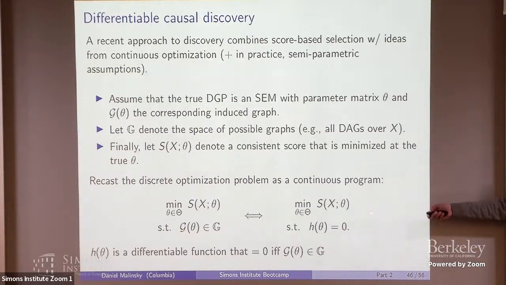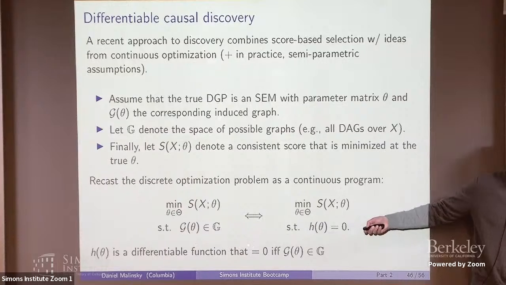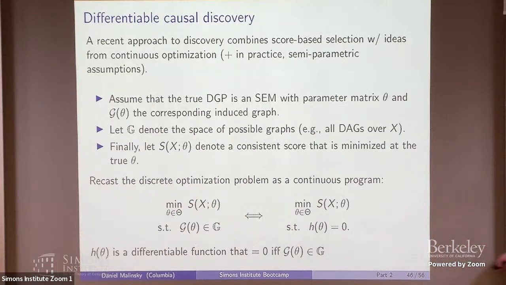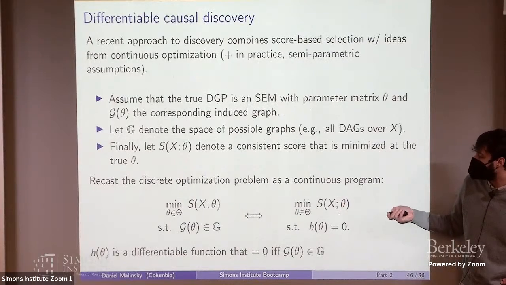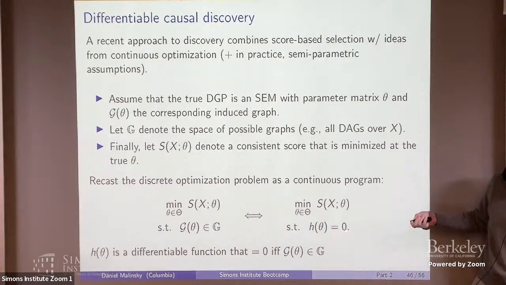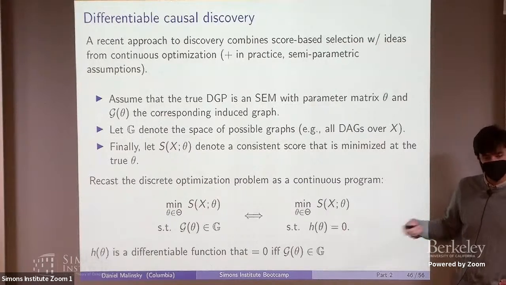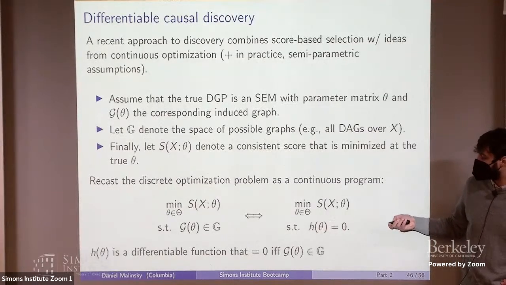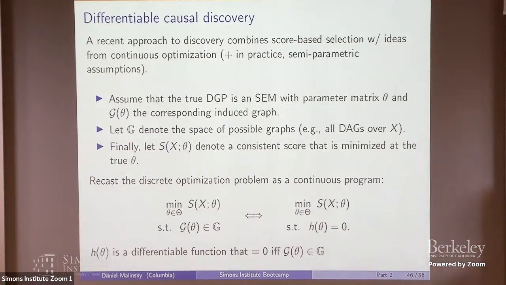And if you can find a function of theta that is 0 if and only if G is in that class, then this becomes a continuous constrained optimization problem. There are a bunch of moving parts here, of course, but once you define a score and a model class, the key challenge is finding a function of theta that is continuous and differentiable, such that 0 of that function is an indicator that you're in the right class. For example, the class of directed acyclic graphs.